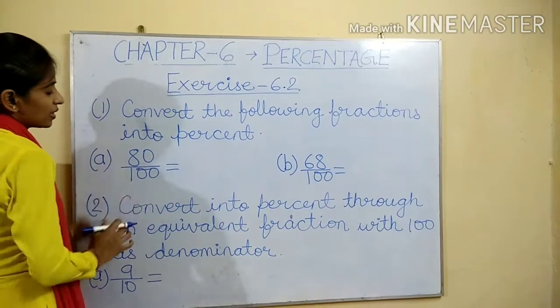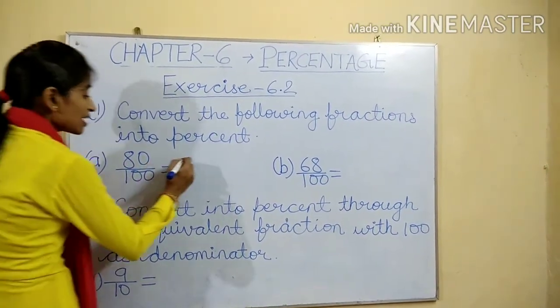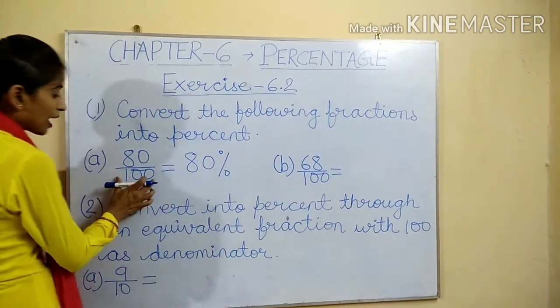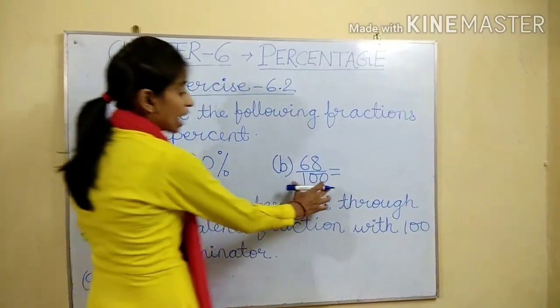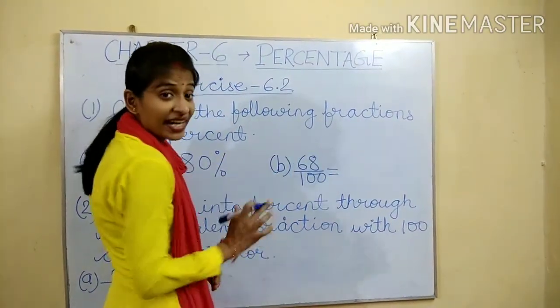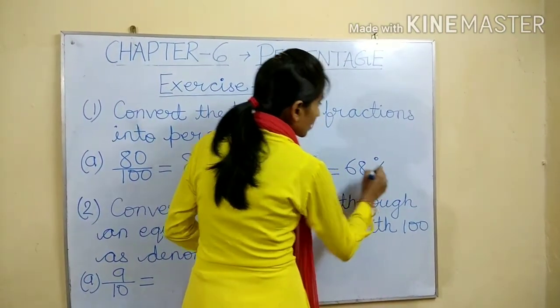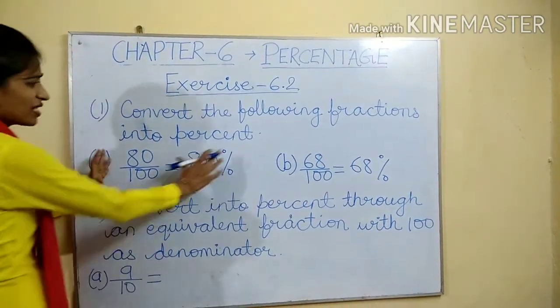Look at this fraction, 80 by 100. So simply we can write it as 80%. Out of 100, 80. So 80%. Out of 100, 68. So 68%. Okay. It's very simple.